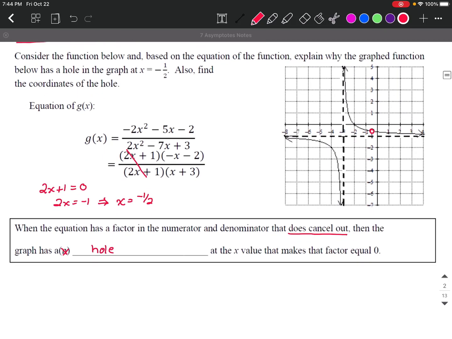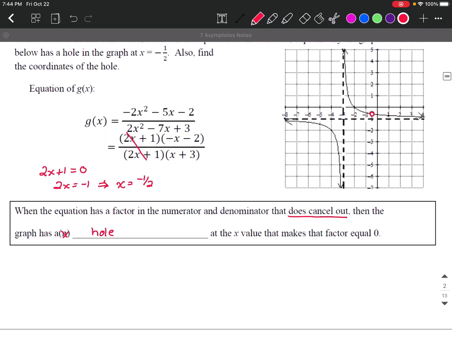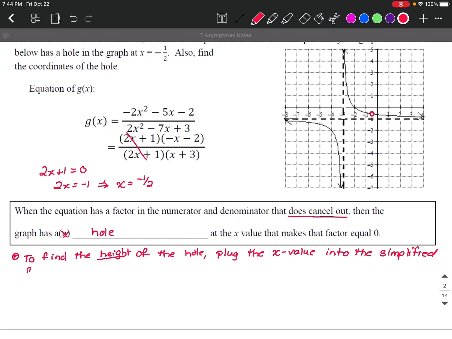Now there's a little more to having a hole though, because a hole has coordinates. It has an x and a y value. So now we know where the x value is, but to find the height of the hole, which is the y value, we plug the x value into the simplified function.